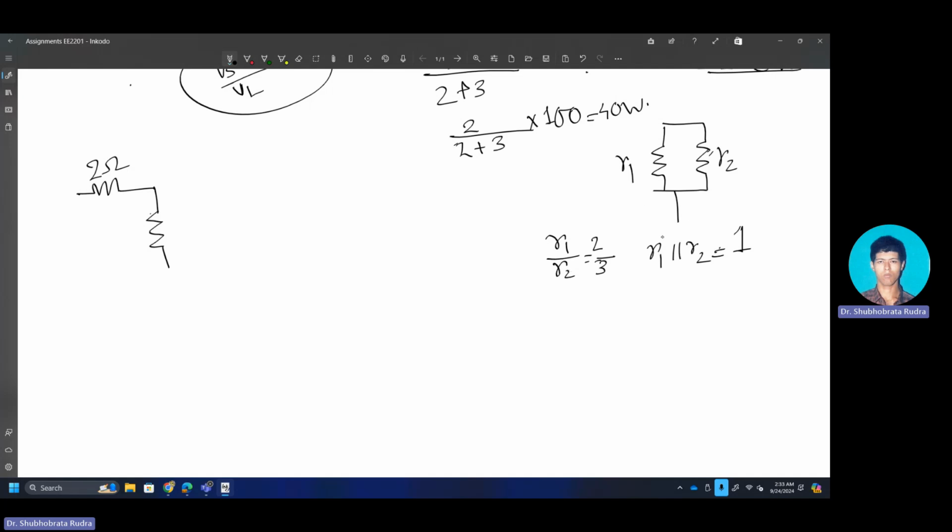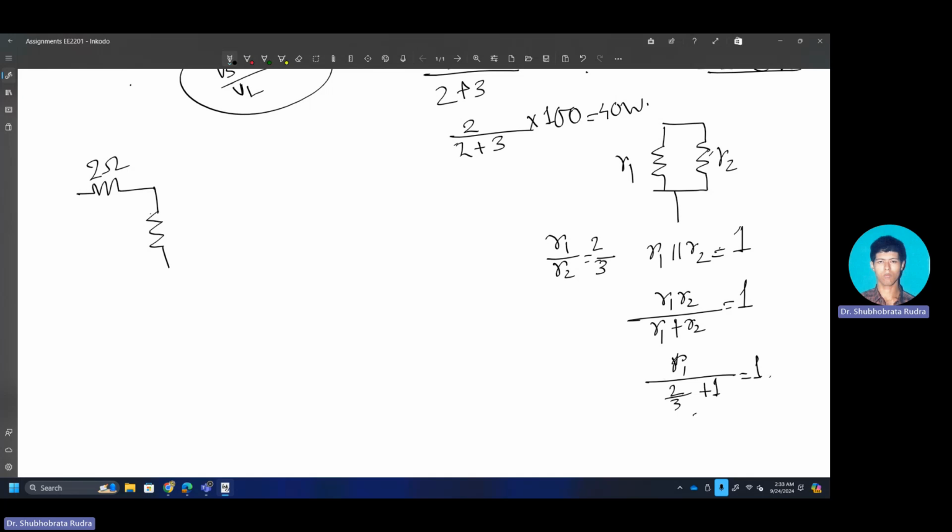So R1 R2 divided by R1 plus R2 is equal to 1. And if you solve it with the R1, R2 information, say, if you divide the whole thing by R2, R1 divided by 2 by 3 plus 1 is equal to 1.